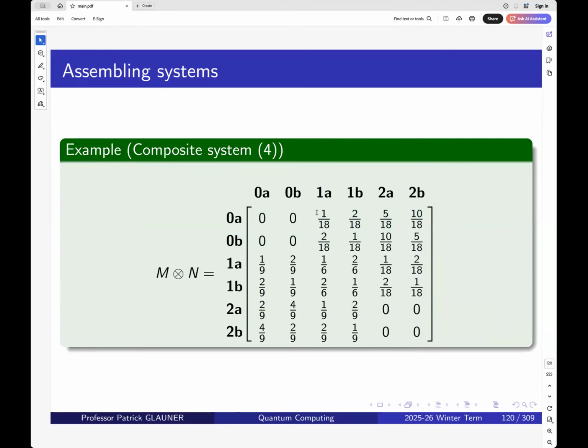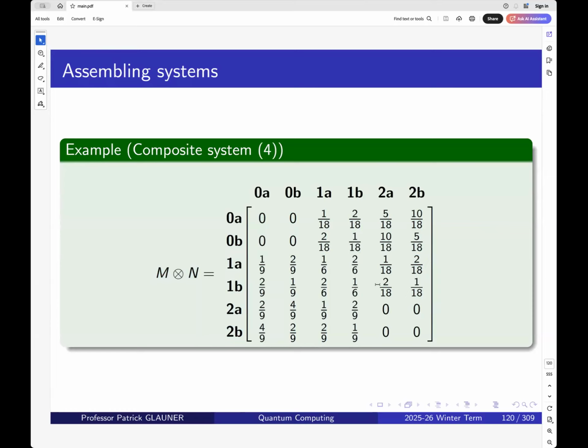So for example, it was 1/6 for M in the upper middle, and I calculate 1/6 times each of those entries in N. So we did the tensor product last week, and obviously you're most welcome to test this at home for matrices M and N and multiply the element times every element in the second matrix. And this is super easy to do, so you don't need to look up the graphs and maybe mix up two probabilities, but rather you just apply the tensor product.